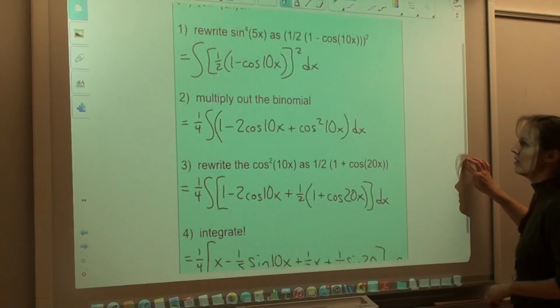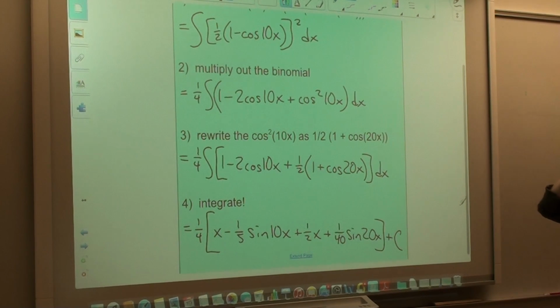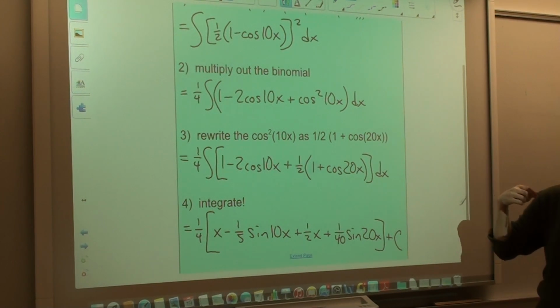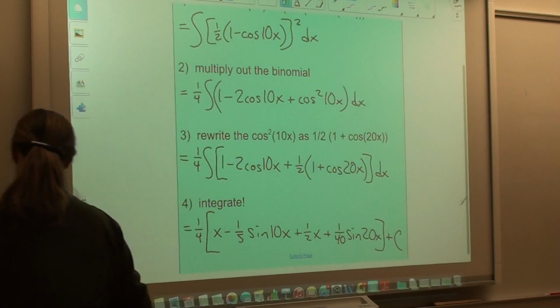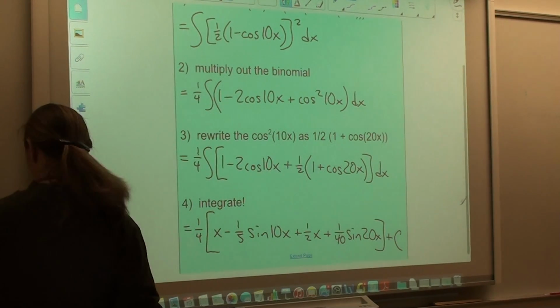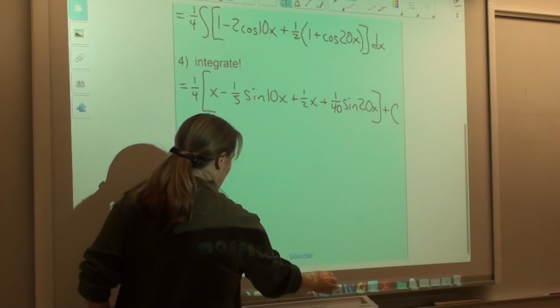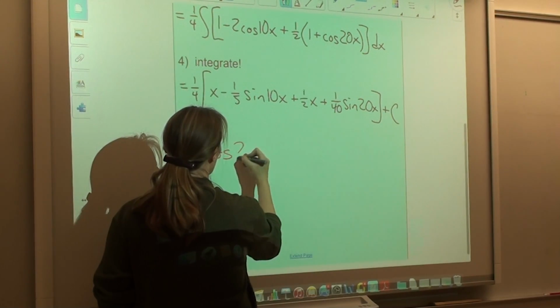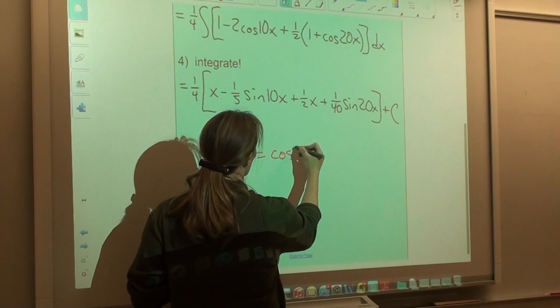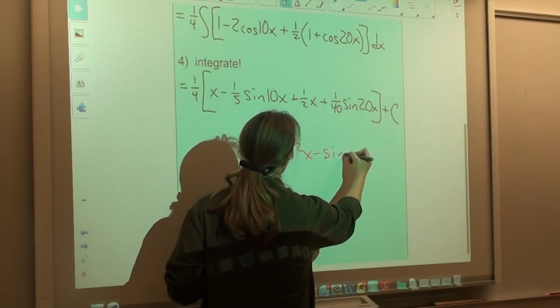Doesn't cosine squared 10x, doesn't that become 1/2 1 plus sine 20x? No, it's cosine. It's all based on the fact that cosine 2x is cosine squared minus sine squared.